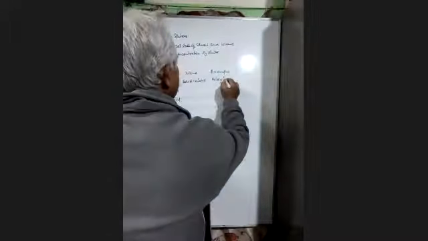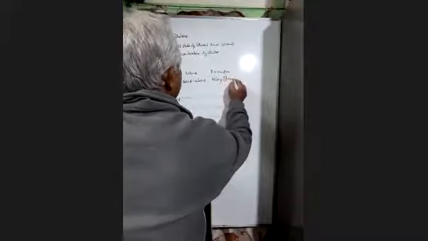Have you seen any alloy? In your house, are alloys not there? Bronze. Bronze is what? A mixture of two or more metals.